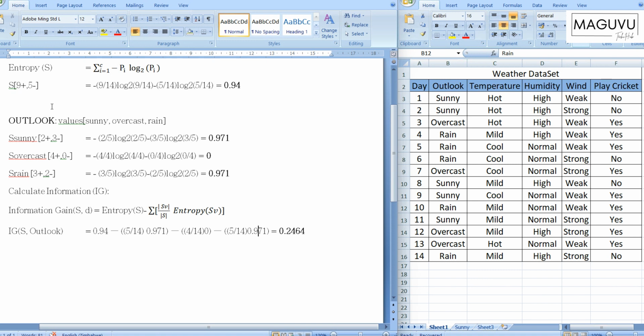This is then the information gain of outlook when we are considering the whole data set. So we have got that value.